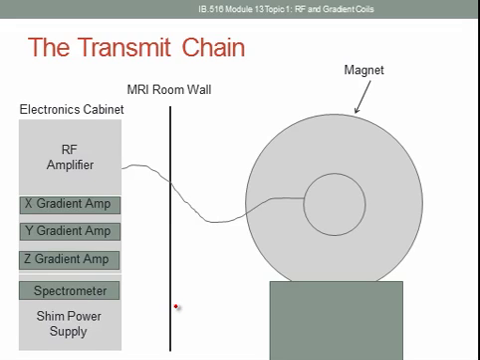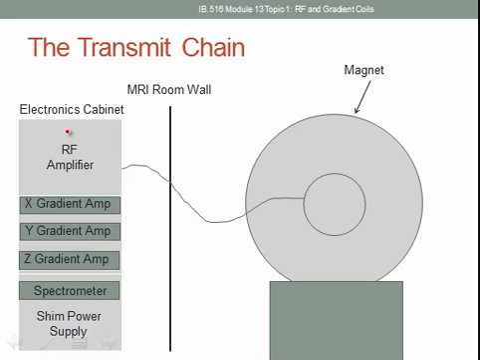So let's look at the transmit chain. What I'm showing on the left side here is a very simple electronics cabinet that you may find in the electronics room of an imaging center.